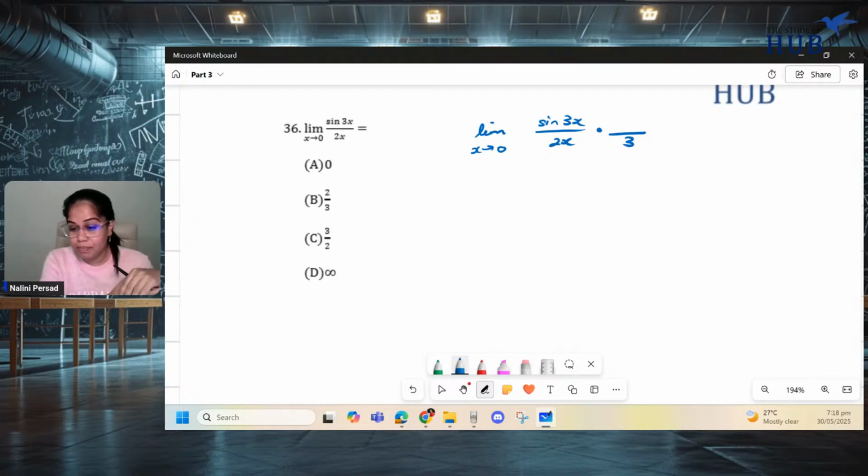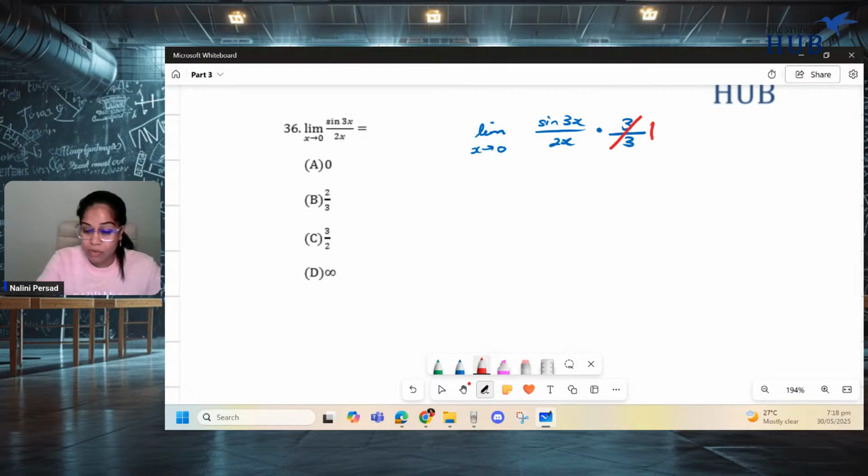I have to multiply and divide by 3 to balance it all off. Right? Reason being is that 3 divided by 3 is 1. Multiplying by 1 does not change or break the laws of mathematics. Right? So I'm multiplying and dividing by 3.